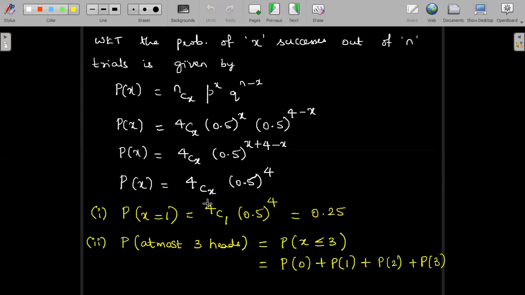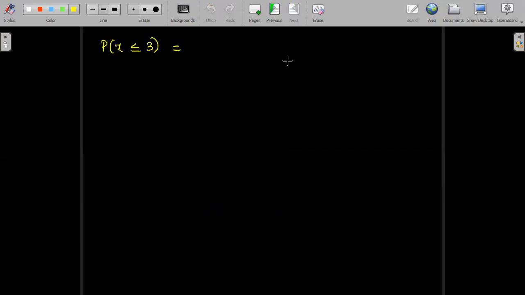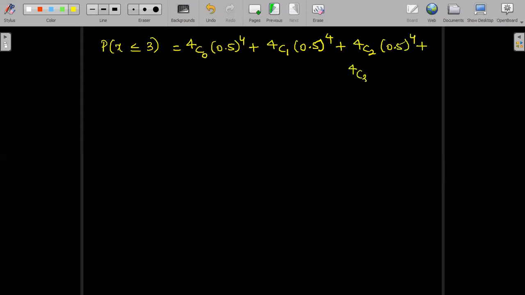So in place of x put 0: 4C0, 0.5 whole power 4, plus 4C1, 0.5 whole power 4, plus 4C2, 0.5 whole power 4, and the last term will be 4C3, 0.5 whole power 4. Of course, you can take 0.5 whole power 4 outside and directly conclude the answer. So this is probability of x less than or equal to 3.